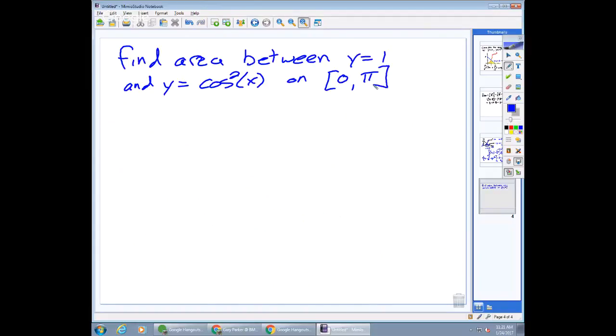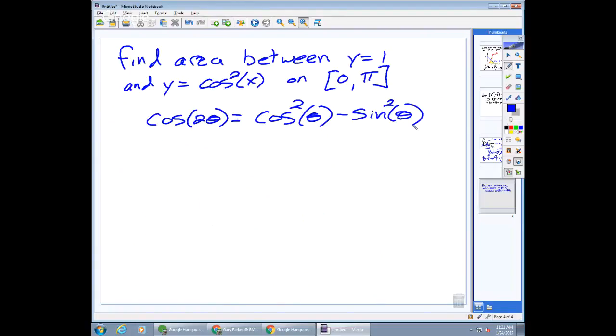Normally I just look up identities when I can't remember them, but the cosine double angle formula, so cosine of 2 theta, there's a couple different versions of it. One is that you have the cosine squared of theta minus the sine squared of theta.